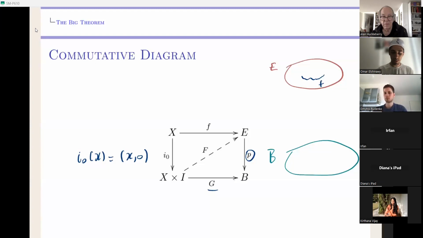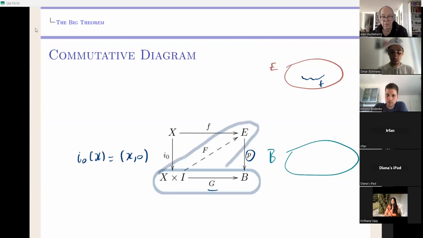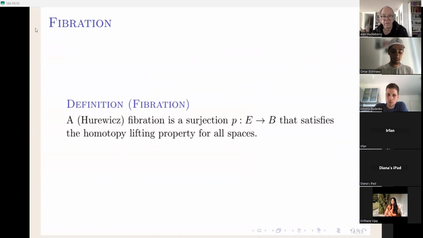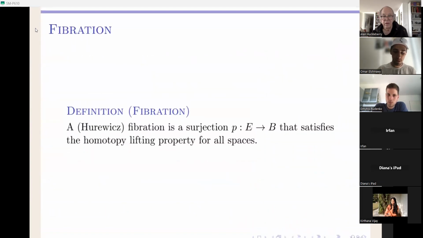So you could get to G in two different ways. You can get to G by going just a straight path, which is how it's defined. But then you could also go up by F and then project it by P. And then you get the base. So this is good. And indeed, this is a definition of the fibration.